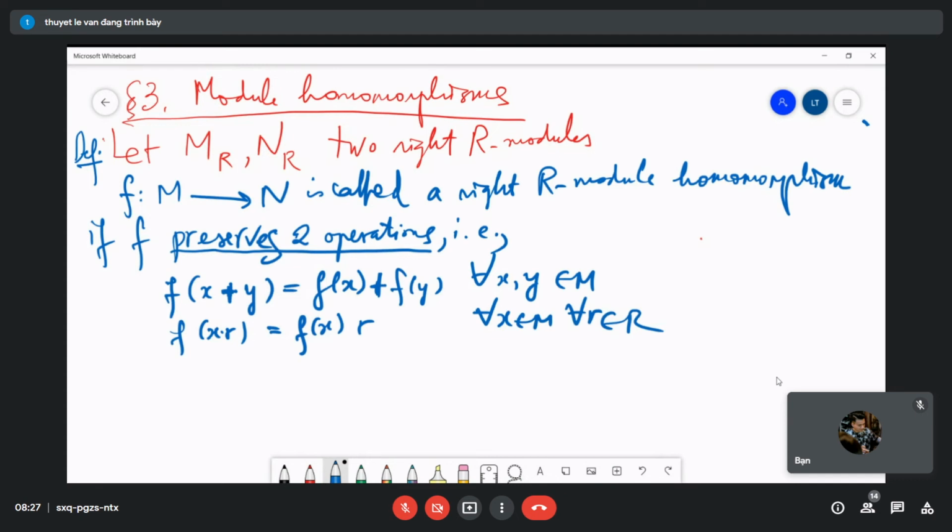So I would like to emphasize preservation and formulas. I would like to say more detail about this, because that is very, very important.